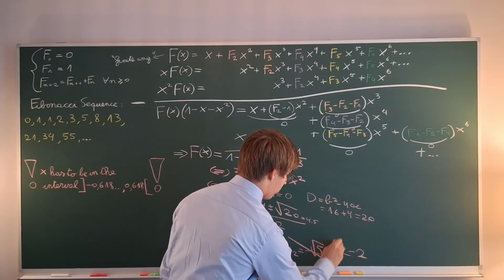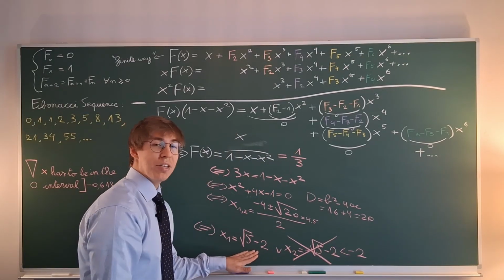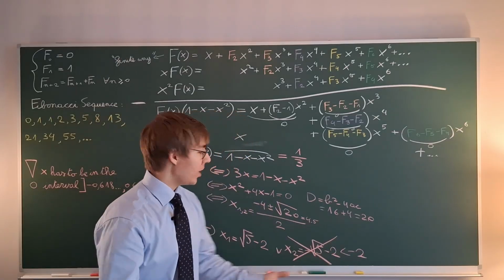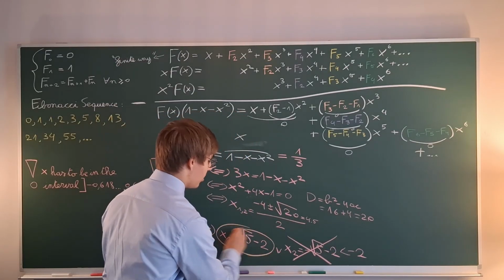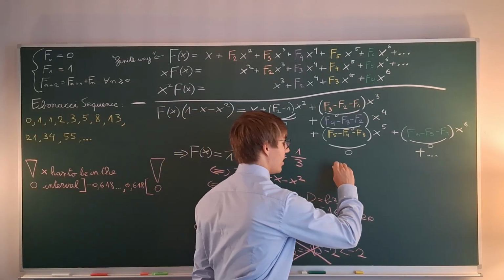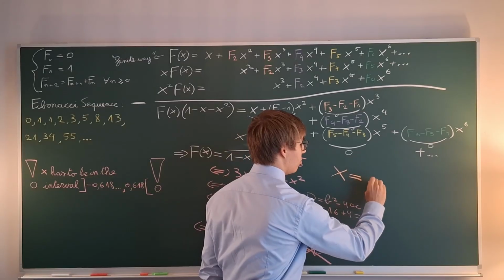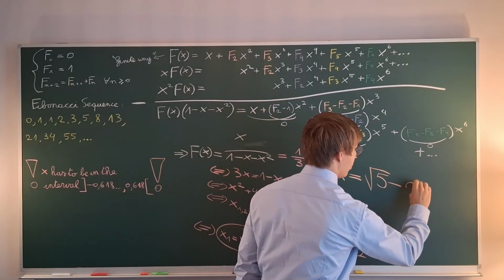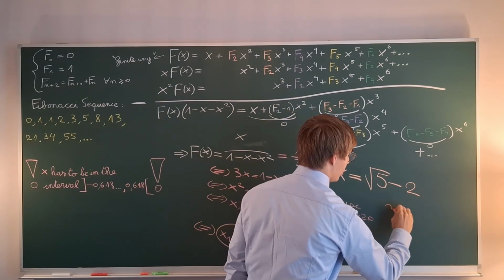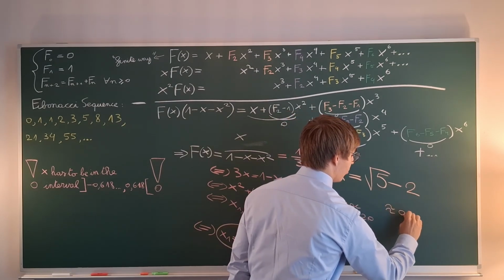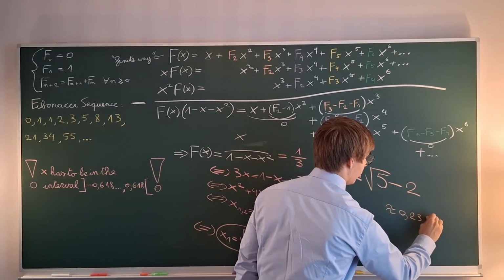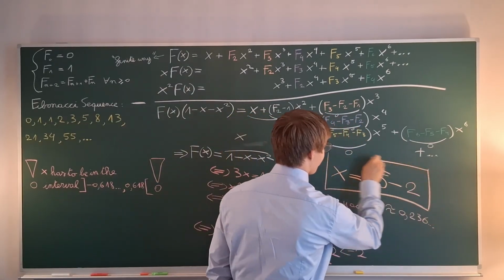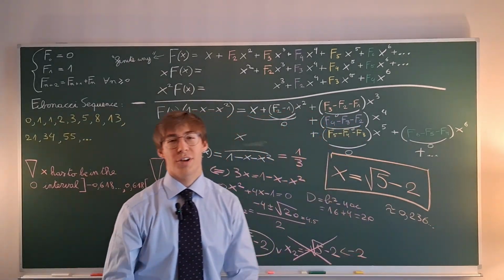So this is wrong, but the first value is actually inside this interval. So we have a unique solution, and the solution is x equal to the square root of 5 minus 2, which is approximately 0.236. So we solved our problem.